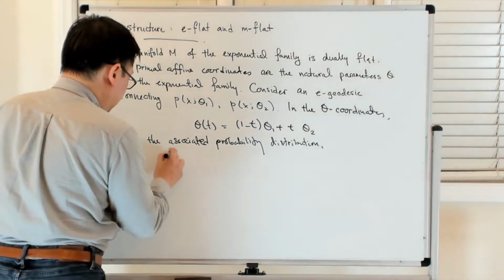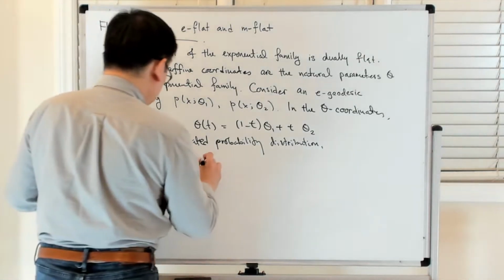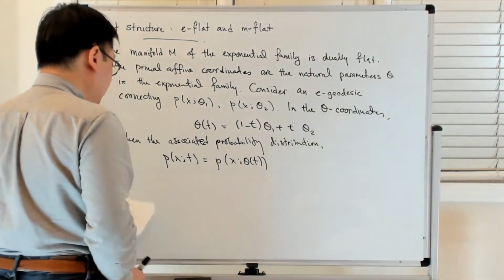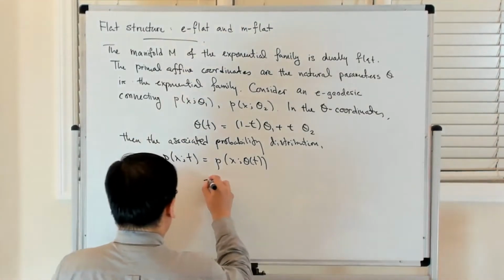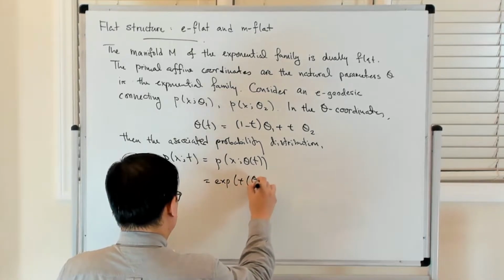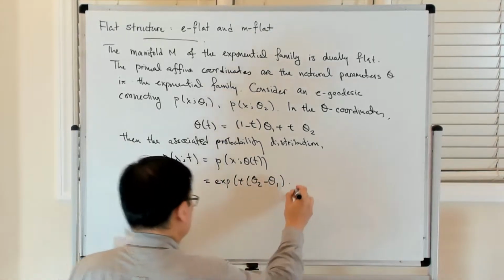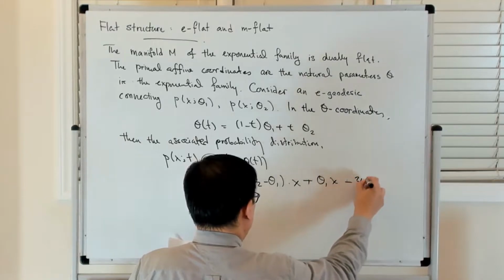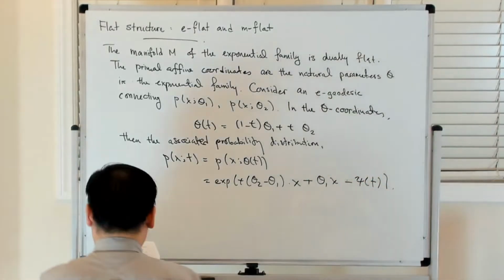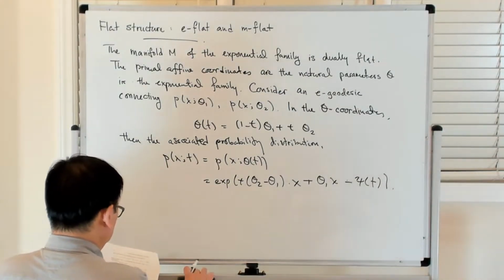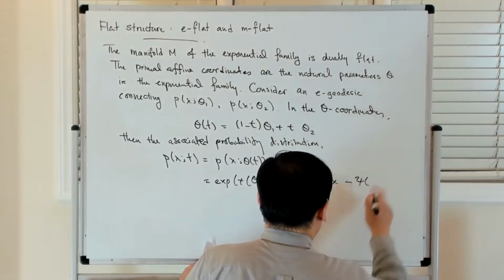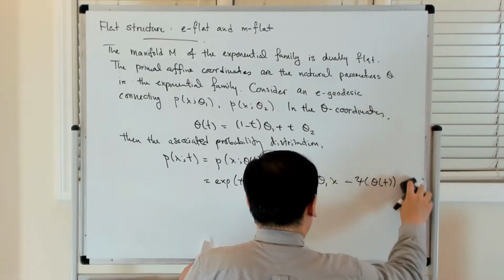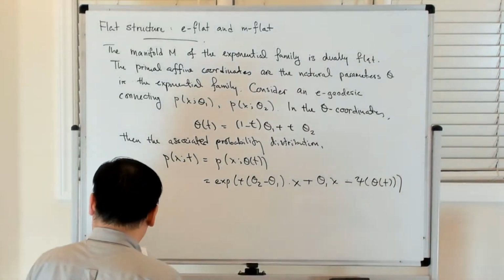Okay, so p(x; theta(t)) is just the exponential of t times (theta 2 minus theta 1) dot x plus theta 1 times x minus psi of theta(t).